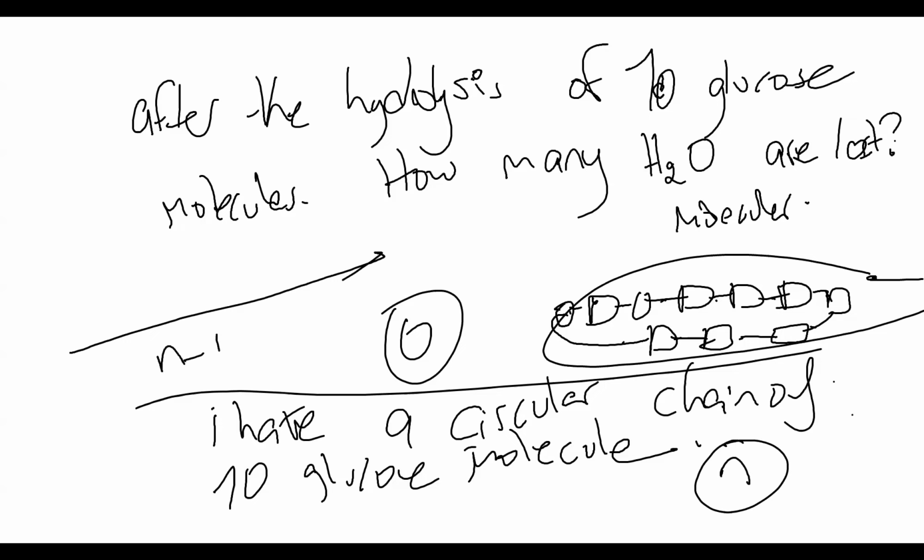Why? Because we start in a place, we end up in a place. There's still a part which is missing. However, when it's circular, we have the same number of glucose molecules and glycosidic bonds, which means water lost or gained, because we always have to see where the water is lost, where it is gained, according to how many glycosidic bonds, because water is lost and gained only on the glycosidic bonds, nowhere else.